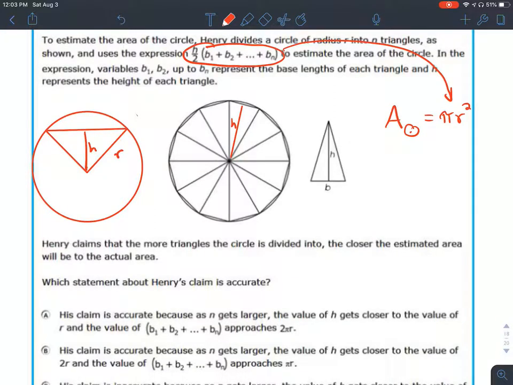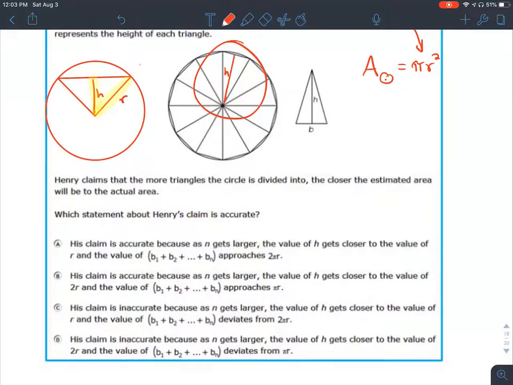Right now, I only have 1 triangle drawn, but we could probably fit 4 of those same size triangles in here. H is not a good representation of what r actually is. But if you look at the picture we have here with a lot more triangles, h is getting closer and closer to touching the circle, which means it's getting closer and closer to being the size of the radius. So that makes sense to me. So it says h gets closer to the value of r. I can certainly stand behind that.